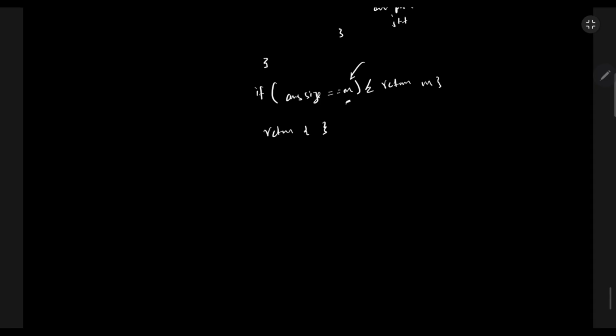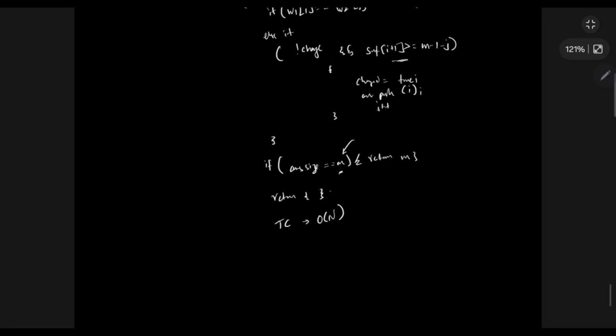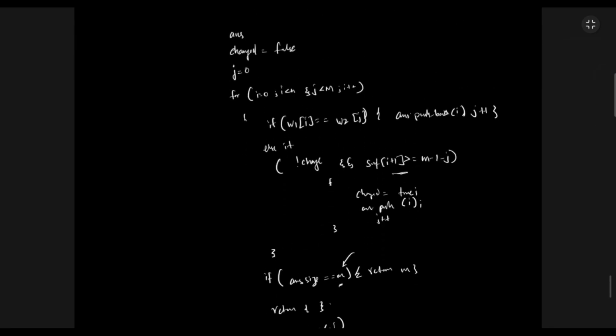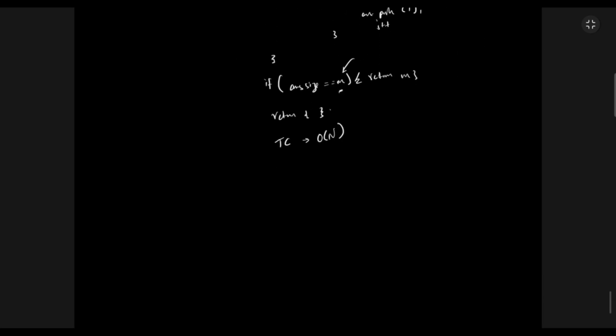Now if we talk about the time complexity of this one, the pre-computation is taking big O of n, and the forward pass and the backward pass also take big O of n and big O of m.